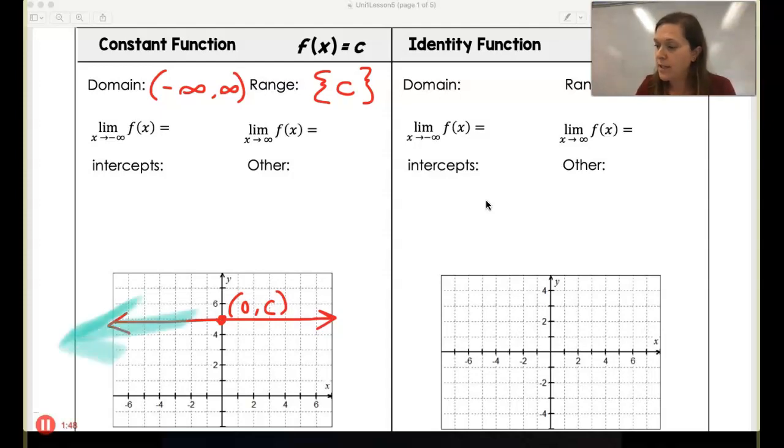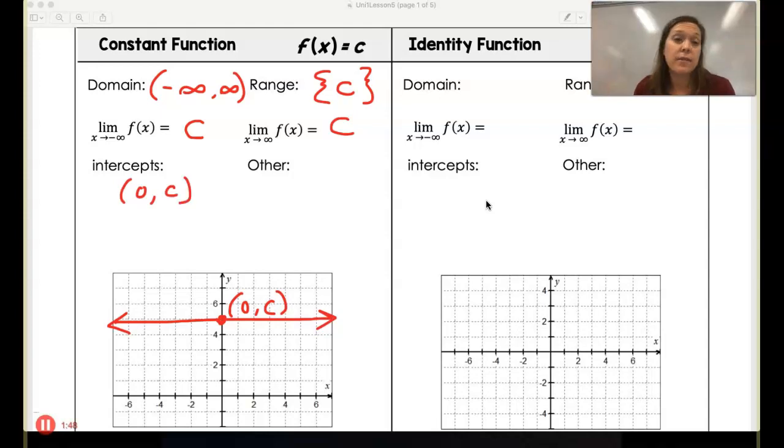As it approaches negative infinity, it just keeps staying with whatever that constant is, so c. And as it approaches positive infinity, it is always c. Our intercepts, well, we only have a y-intercept, and that will be at (0, c).